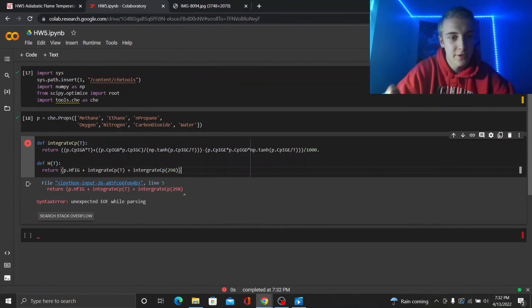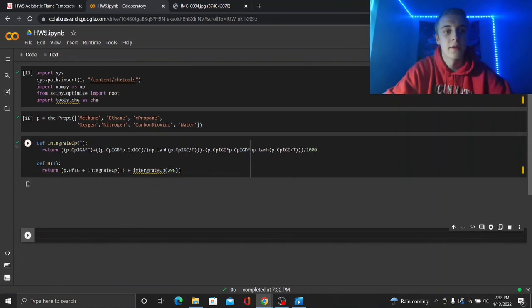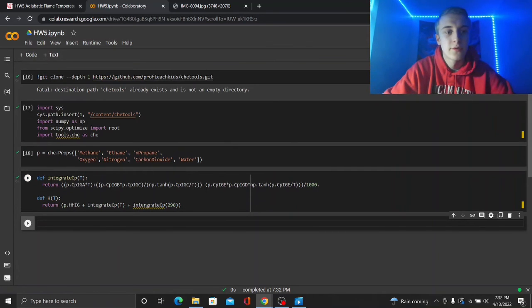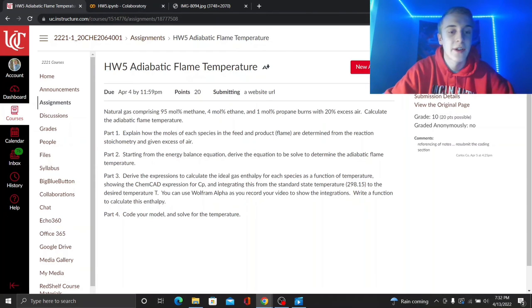And I forgot a parenthesis right there. So that will be how we will calculate our ideal gas enthalpy, which will be used in the final part of this video where we actually will be solving for our adiabatic flame temperature.